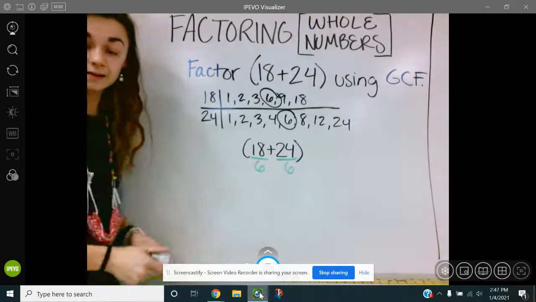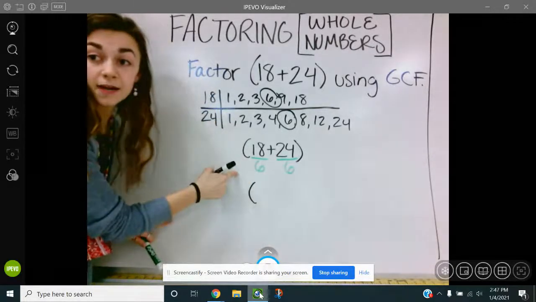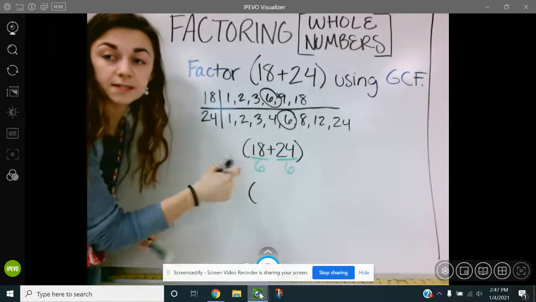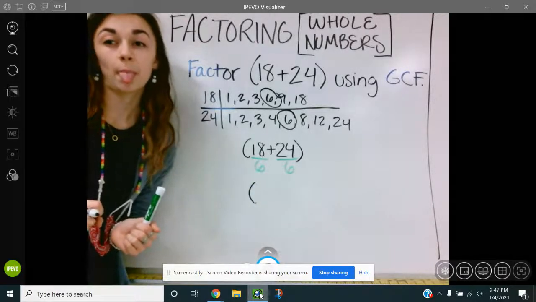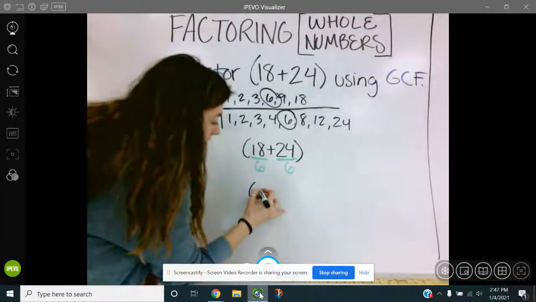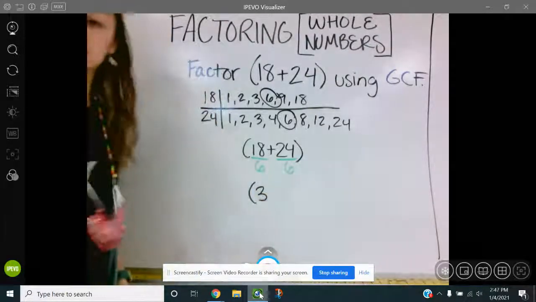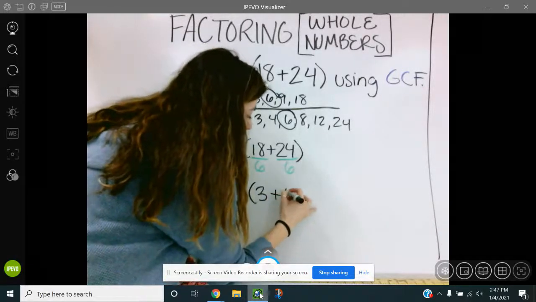When I divide these numbers, 18 divided by 6 and 24 divided by 6, pause it and figure out what that is. Okay, so 18 divided by 6 is 3, and 24 divided by 6 is 4.